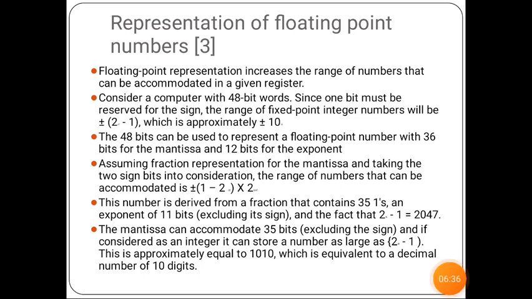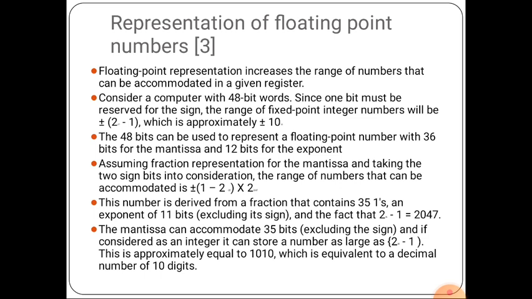Another point: floating point representation increases the range of numbers that can be accommodated in a given register. So when we use a floating point number, the data storing capacity will be increased. Consider a computer with 48-bit words.